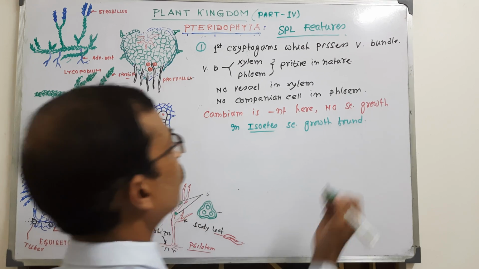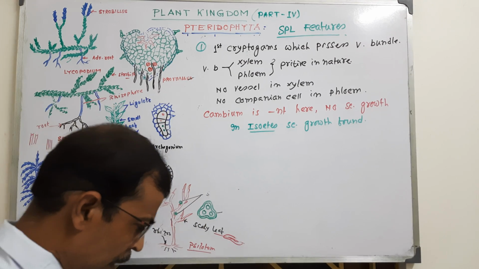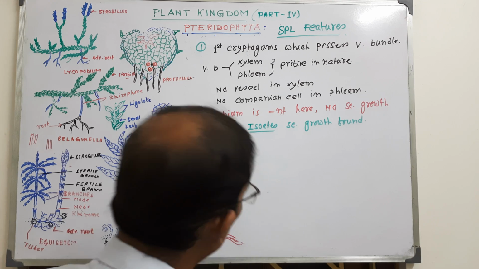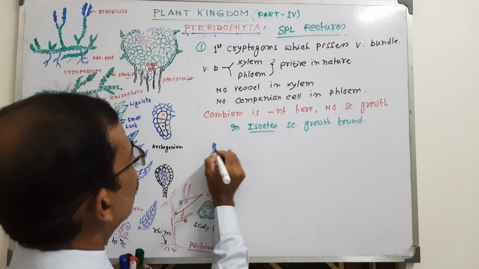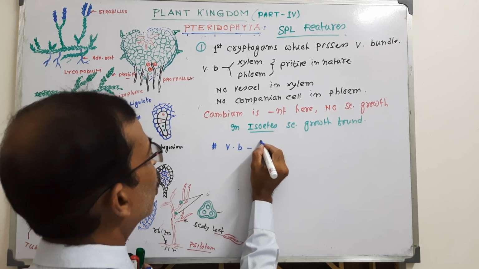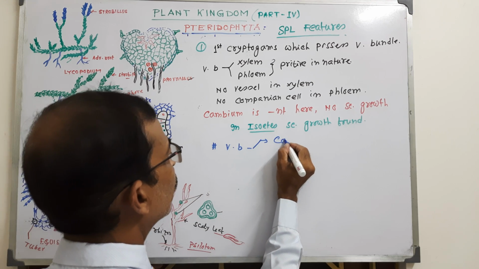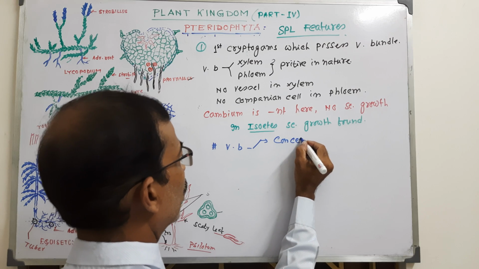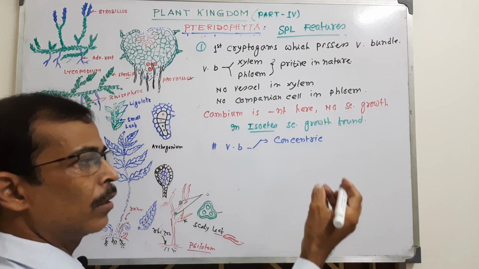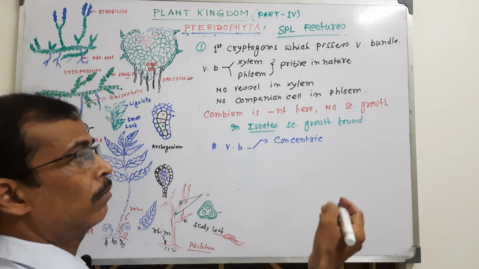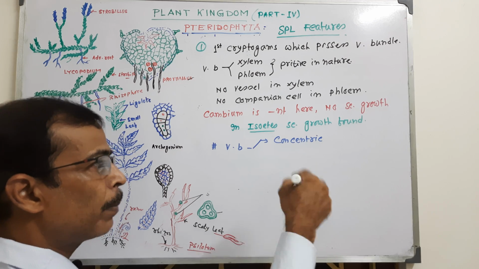Okay, next point, vascular bundle. Number one, concentric, not conjoined. Concentric means one tissue is surrounded by another tissue.